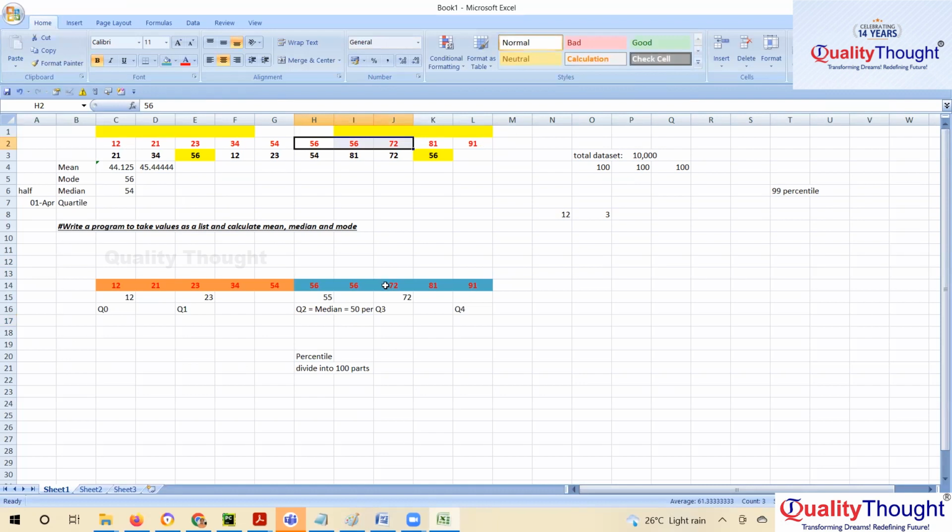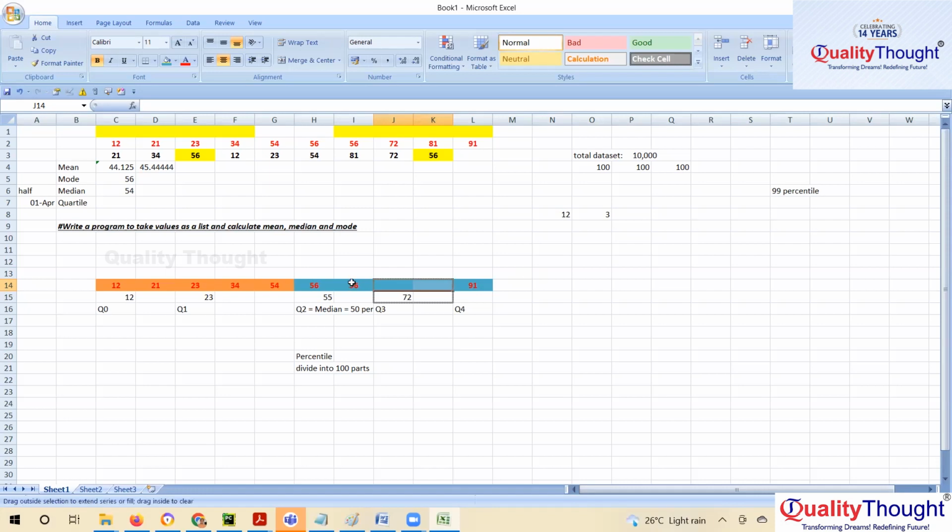But let's say I delete 72 and 81, and you have 54, 56, and then 91. Then 91 looks like an outlier, because most of the values are between 10 and 50s, and the gap between them is at most 10 or 15. Suddenly you see something which is 40 points away. So in this case we would call it an outlier.